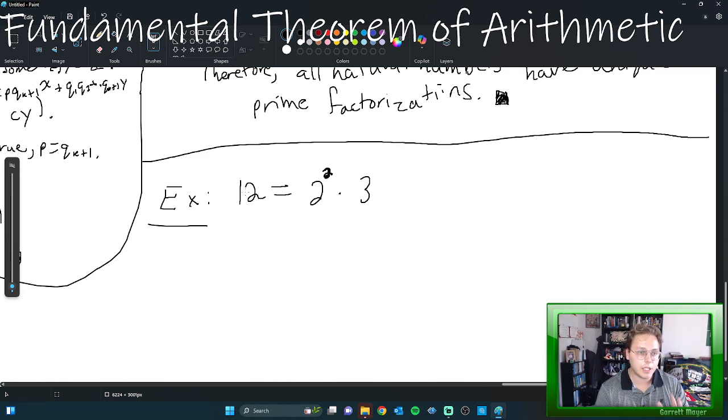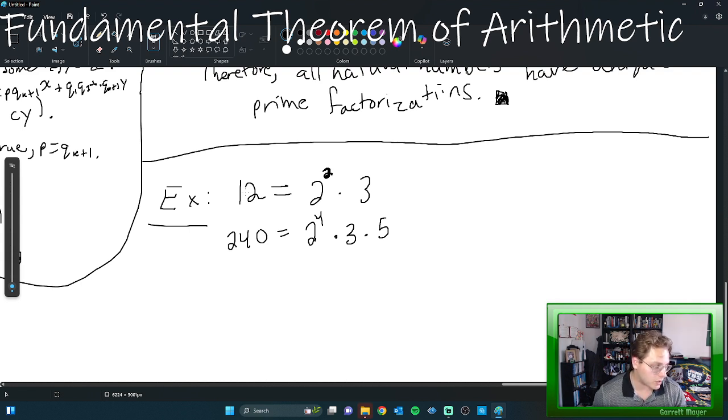This is like a unique code that corresponds exactly to 12. This is the base components that 12 is made up of: two 2's and a 3. Multiply them together, 12. 240 is a much larger number. But for this one, it's 2 to the 4 times 3 times 5. And all of these are primes. And you can do this for every single natural number in all of existence.